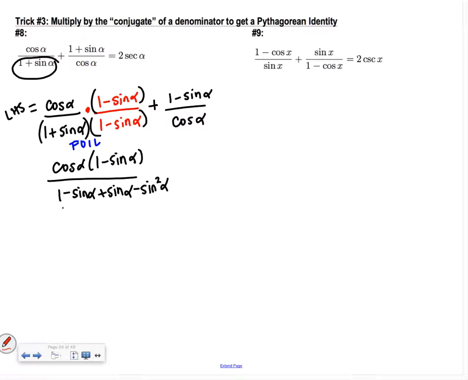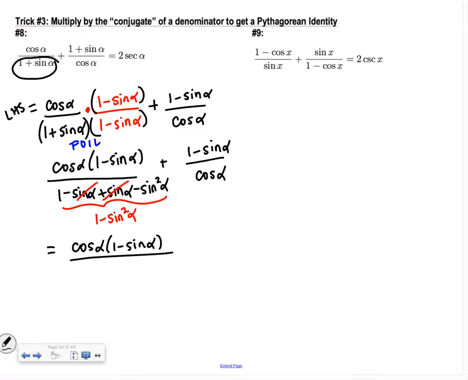Okay, so there's a reason that I did that, because the middle terms end up canceling, and I end up getting 1 minus sine squared alpha. Okay, that's important to me. So if you remember, that's part of the Pythagorean identity. Okay, so I have cosine of alpha, and then I have 1 minus sine of alpha.